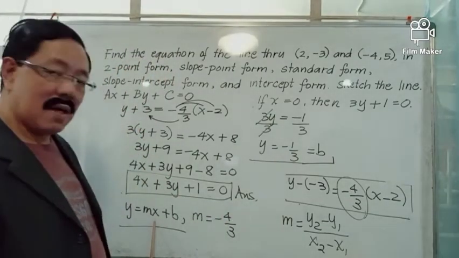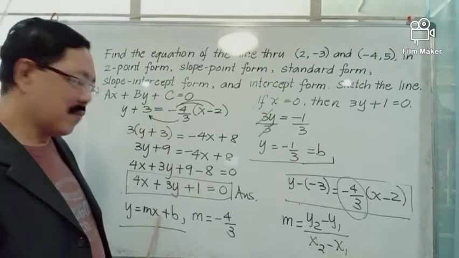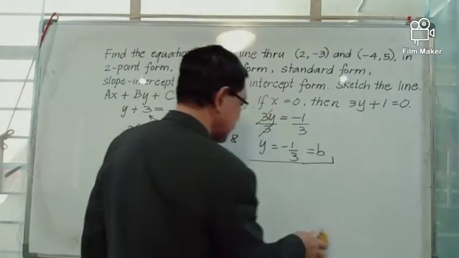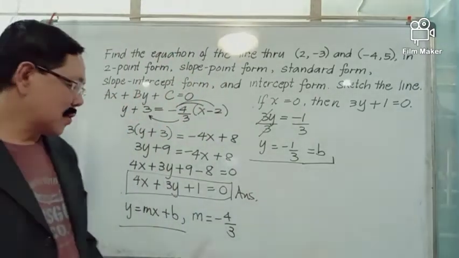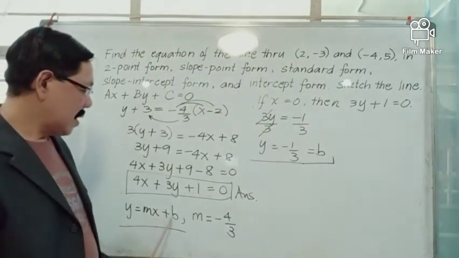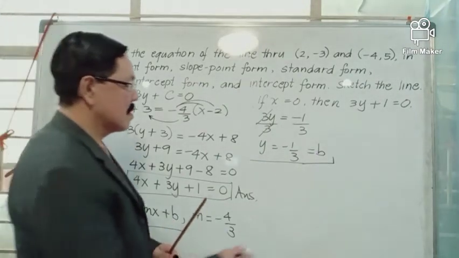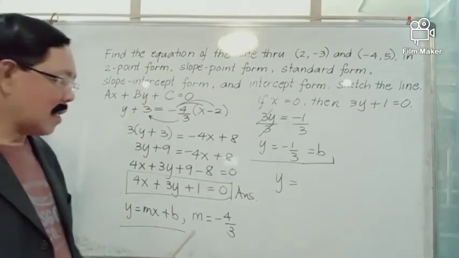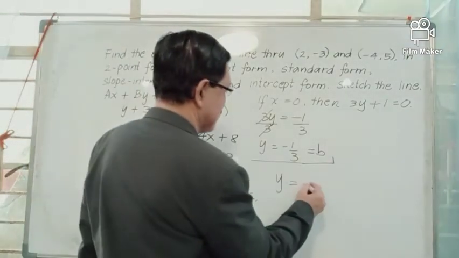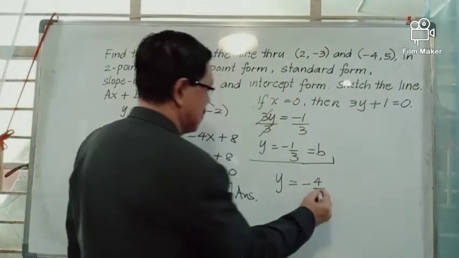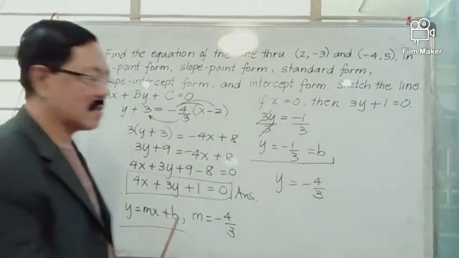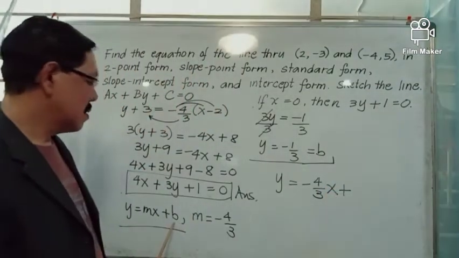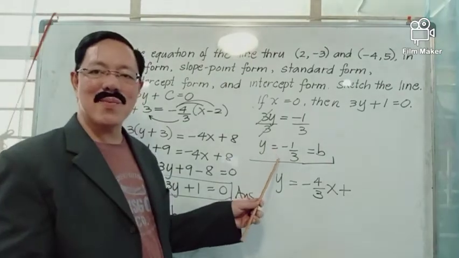We can now write the equation of the line in slope-intercept form. By substituting m and b into this equation, we have y equals, the slope m of the line is negative 4/3 multiplied by x plus b, which is negative 1/3.